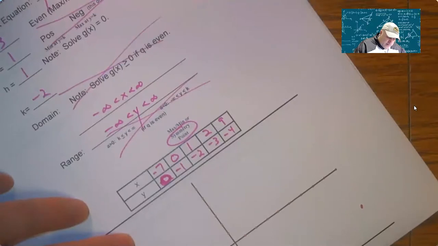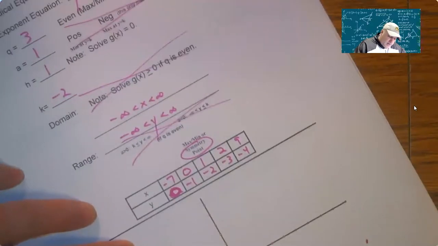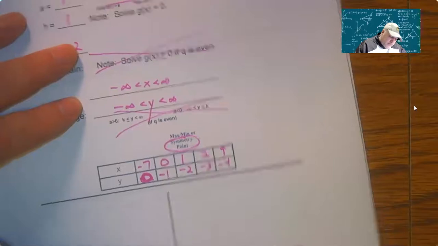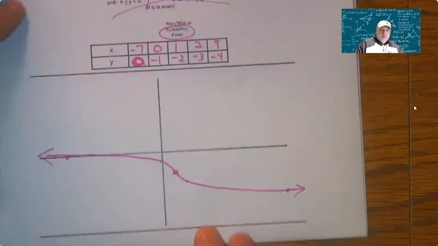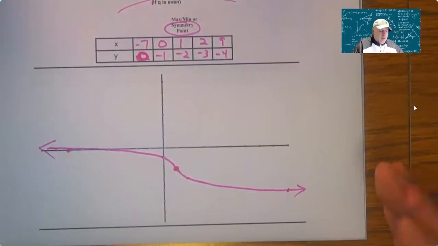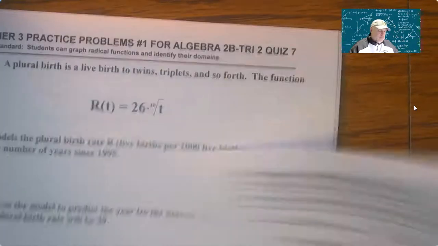So again, it does keep rising. And when it hits this point, it turns over in the curvature. That's a symmetry point. So like if you flipped it around 180 degrees, it would rotate onto itself. That's another way to think about it. So again, domain and range, because we can't get a box around this at all, is all reals.